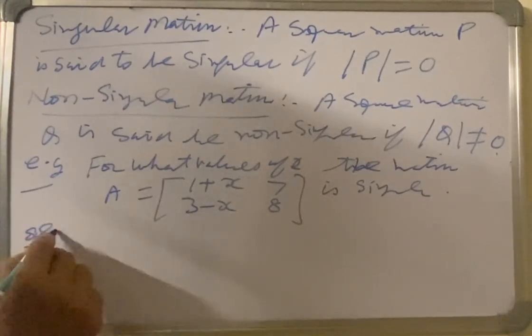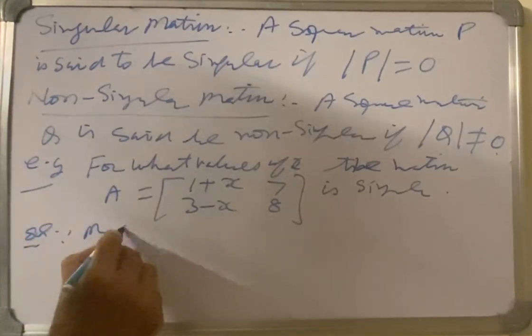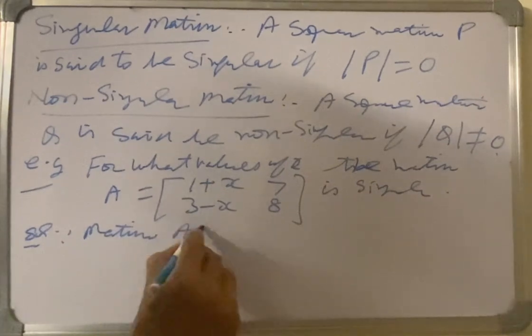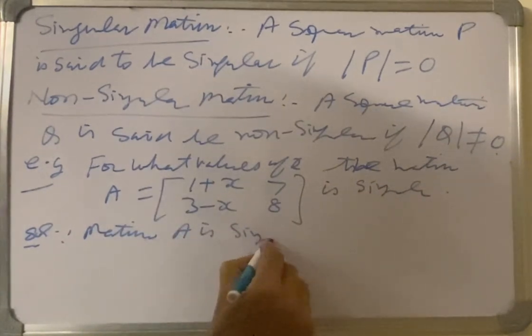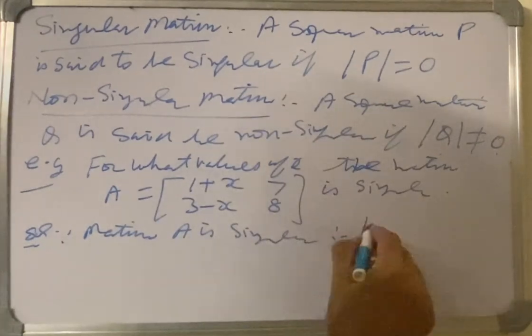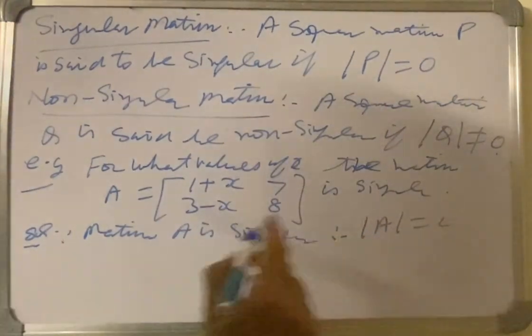Solution: since matrix A is singular, therefore determinant A is 0.